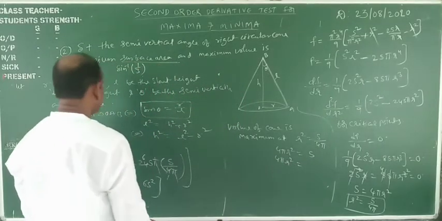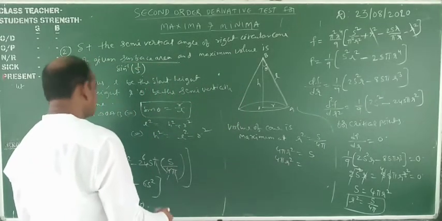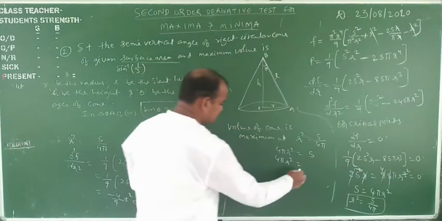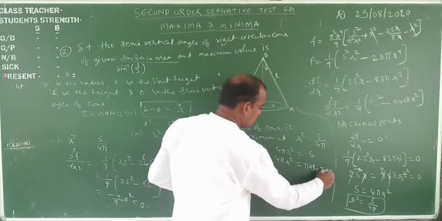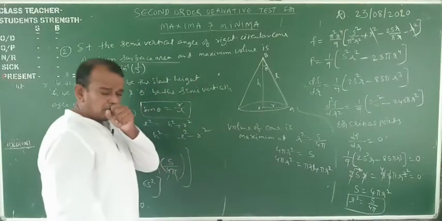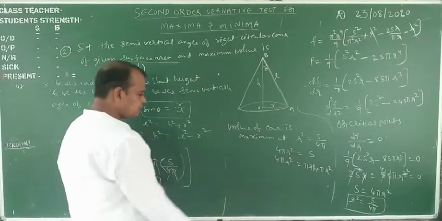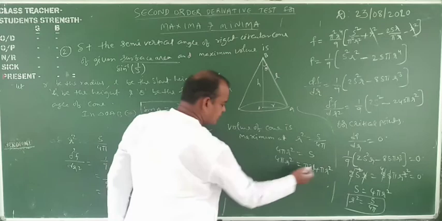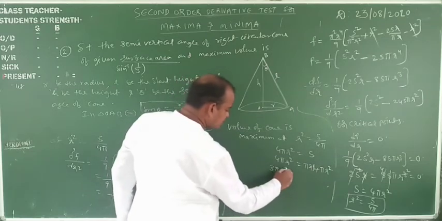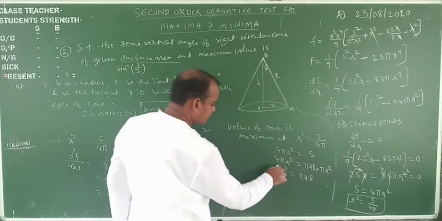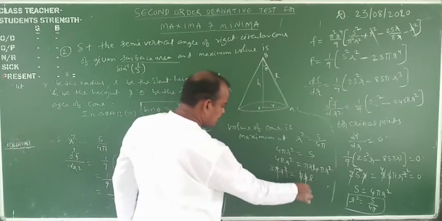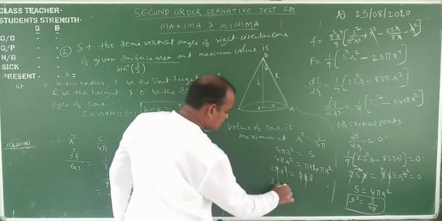What is s? Surface area. What is the surface area? Pi rl plus pi r square. Now pi r square this side, 4 pi r square minus pi r square, 3 pi r square is equal to pi rl. Now pi cancel, r cancel. Now what happened? 3r is equal to l.